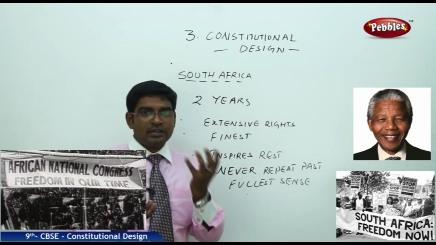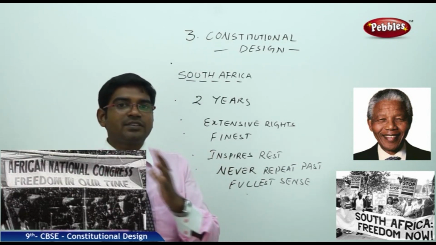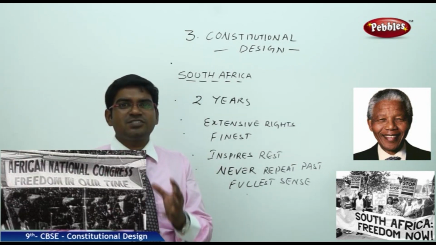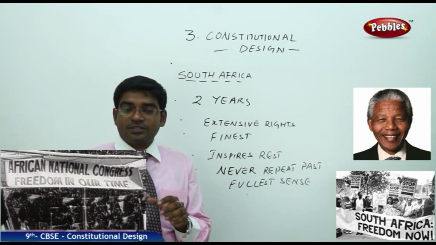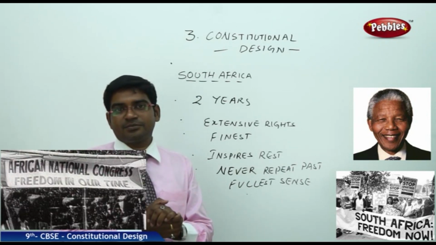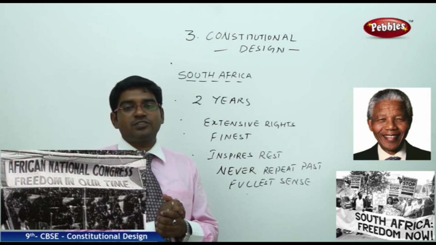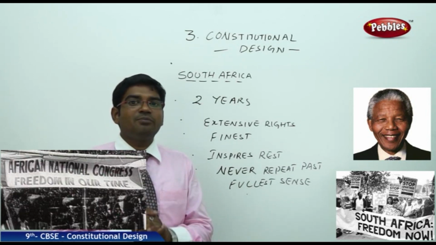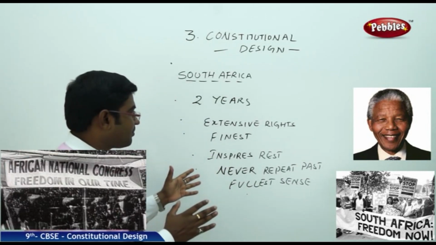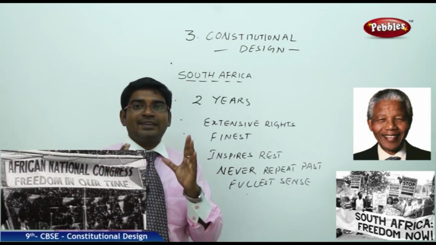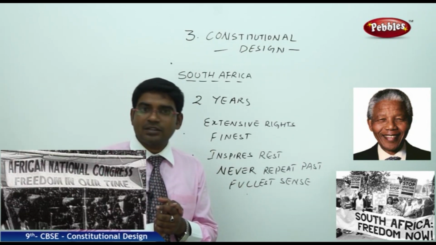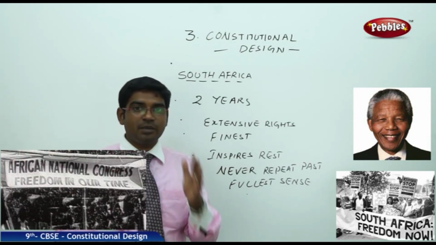The blacks and whites worked extensively and very well in cooperation, and they framed the finest constitution in the world, which has been an inspiring constitution for many democratic countries till date, and maybe it continues for the next generation also. Because even today we have many countries which are not democratic. Leaving aside this point, now let us understand what the extensive rights are. The extensive rights claim that no one should be left out of the solution, and no one should be treated as a demon.